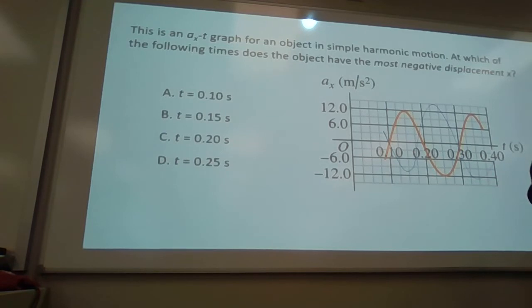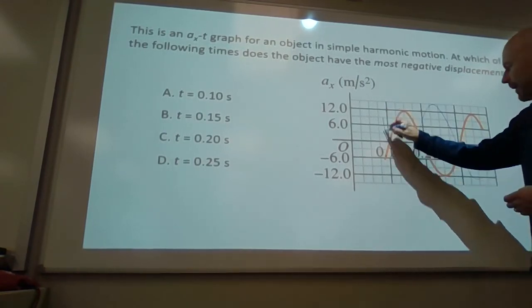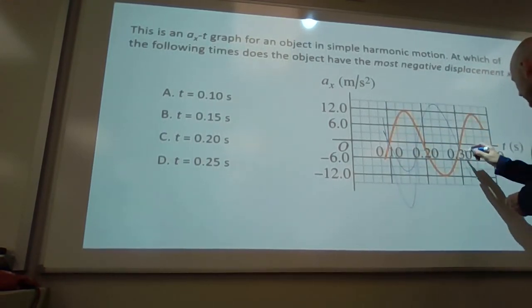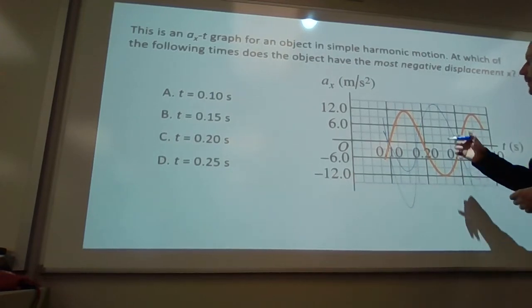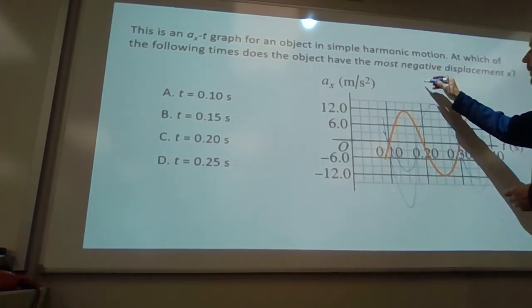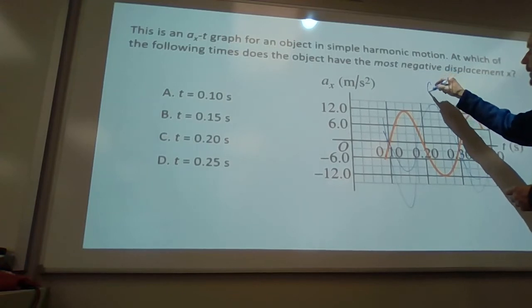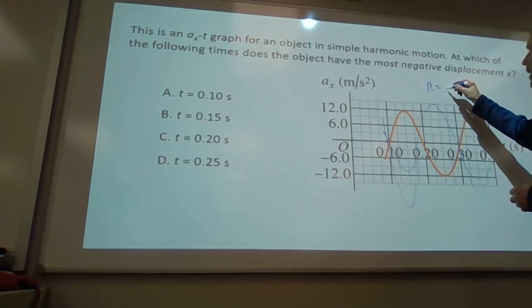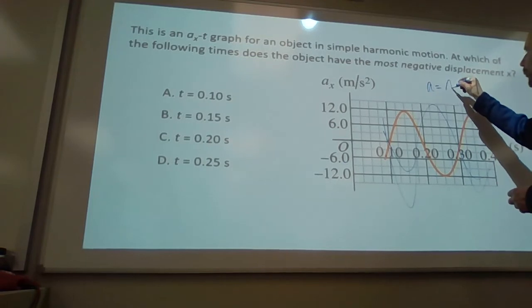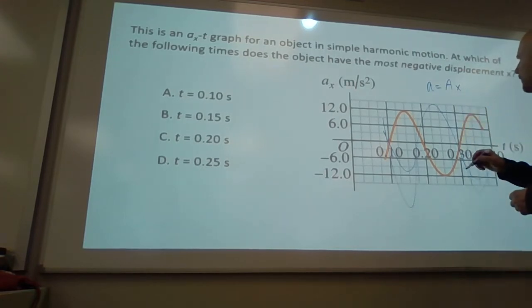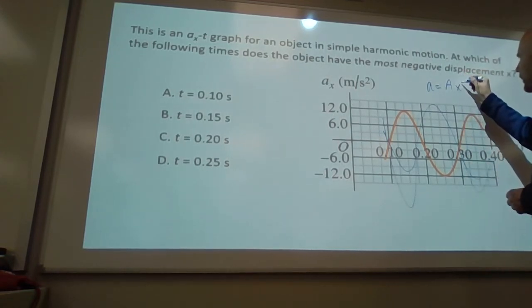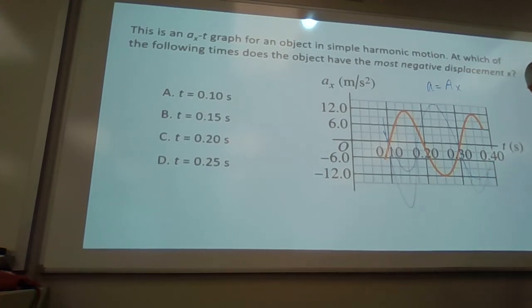Okay, actually, it doesn't have to have the same amplitude. It doesn't, but it does have the same shape, because acceleration is equal to negative omega squared x. It is not a x. Yeah. Negative omega squared x. Yeah.